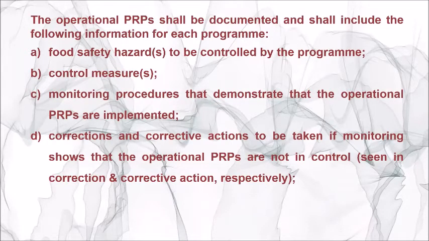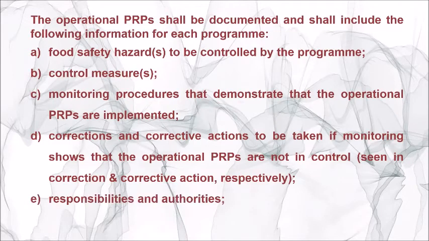What kind of corrections and corrective actions will be taken when there is loss of control of your process? Okay, so if some deviation is going to happen, what kind of corrections and corrective actions are going to be taken, and then these also need to be recorded properly.